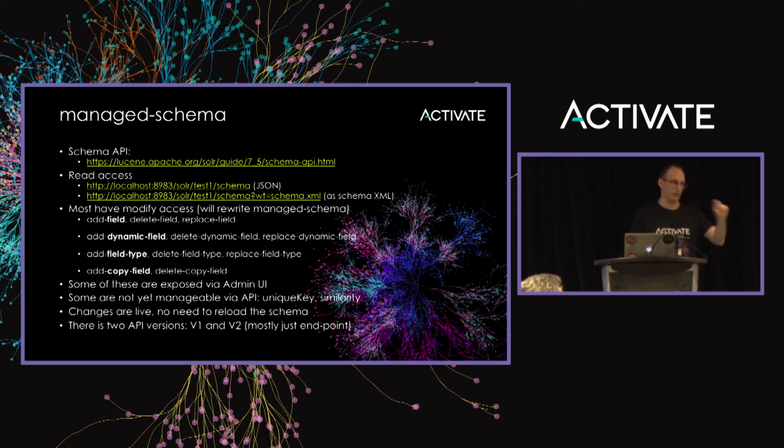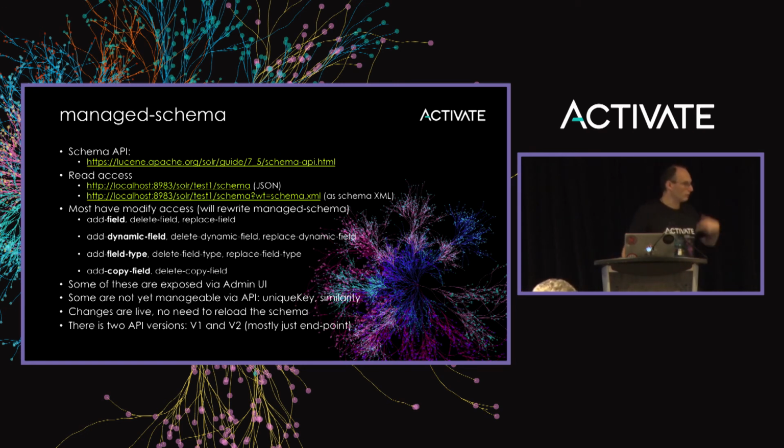That's still a by-hand API call. Some things are not yet in the API, like unique key, which hopefully you don't need to manage via API too often. There are 2 APIs, version 1 and version 2. It's kind of confusing which one you need to use, but version 2 is mostly for the cloud. The important part is that when you use the API, the changes are live.